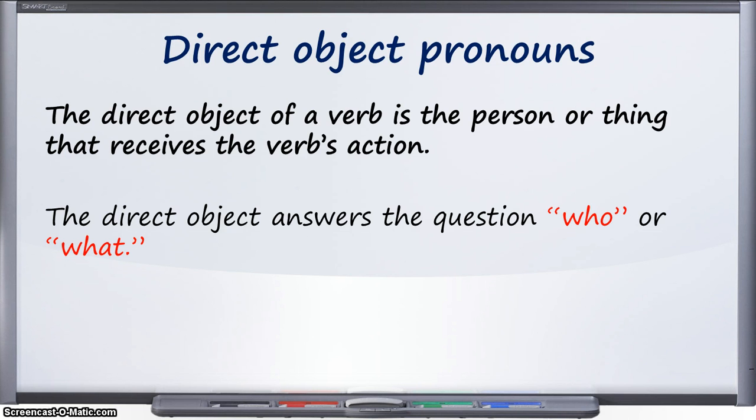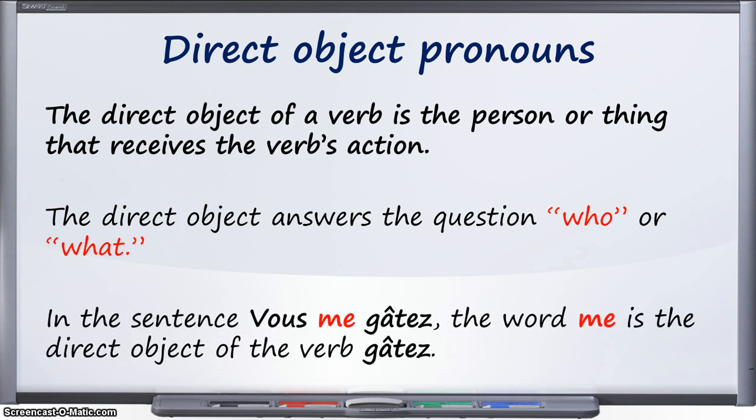Something else that we need to understand is, for example, in the sentence here: vous me gâtez, you spoil me, or you are spoiling me. The word me that you see here is the direct object of the verb gâter, because who am I spoiling?